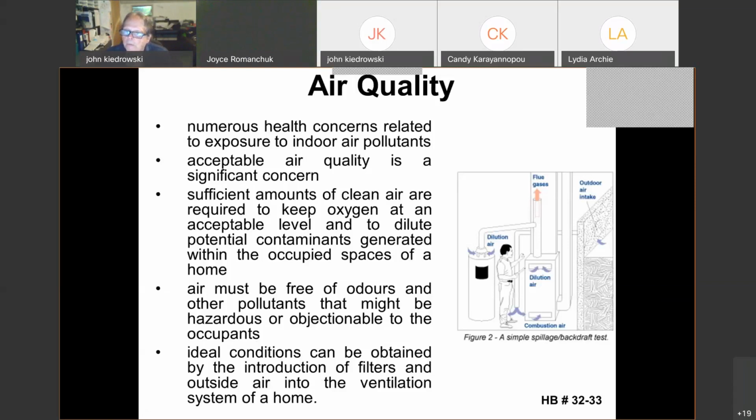If it's one of the older style, we have air being sucked up and vented, along with the combustion air being used for combustion, going up the chimney or the flue. If any of those systems start to backdraft, a backdraft means it's going back down into the house, not up the chimney where it should be going.